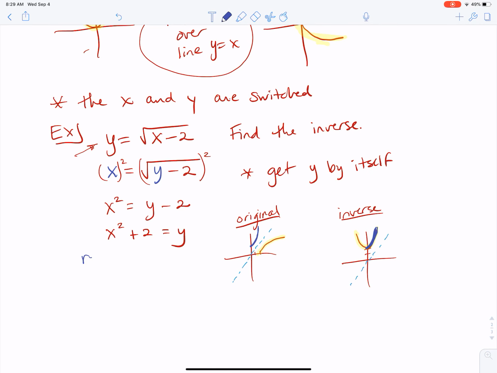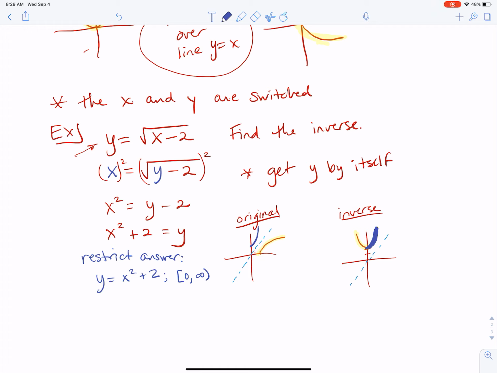So to get my final answer, I need to restrict how much I have here. So we restrict the answer by saying that I have y equals x squared plus 2, but for only the domain of 0 to infinity. So we only want this right-hand side.